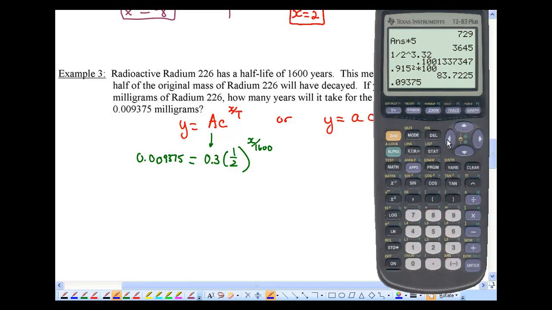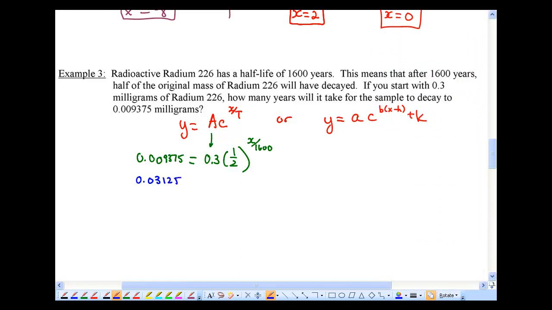Oops, forgot a 0. Divide that by 0.3. 0.03125 equals 1/2 to the power of x over 1600.